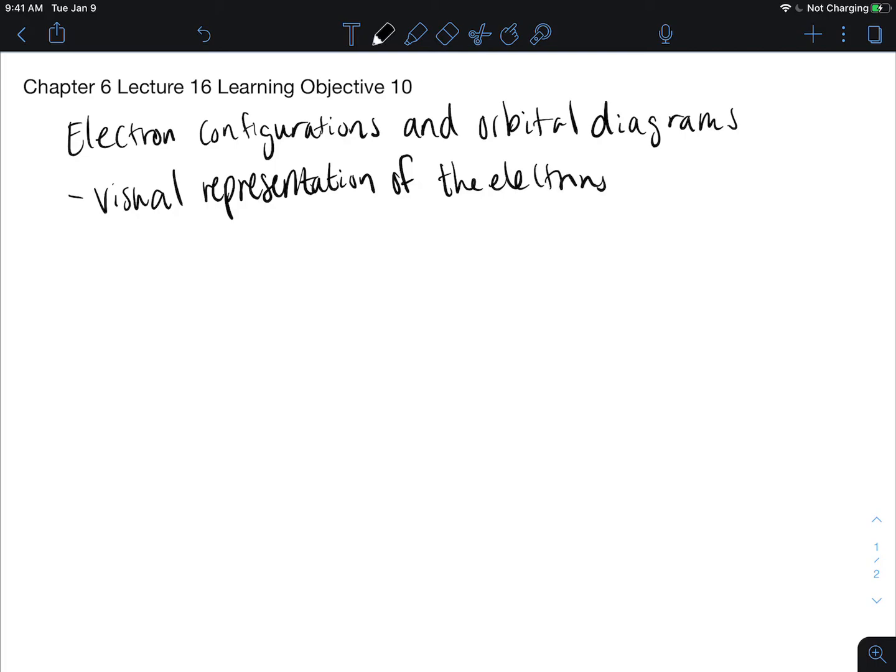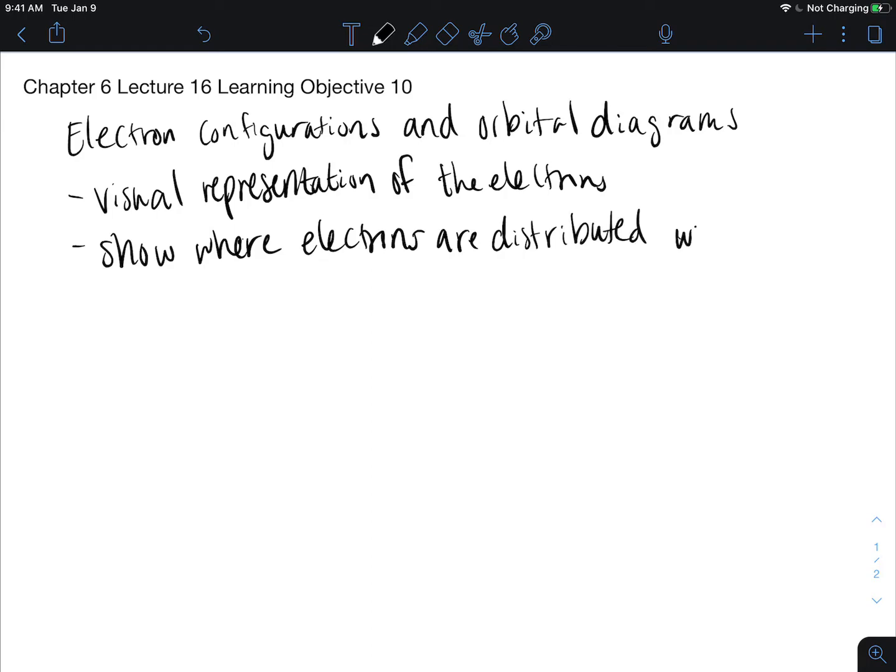They're going to show where electrons are distributed within the atom. So they're going to show what orbitals they're in, what subshells they're in, what shells they're in.